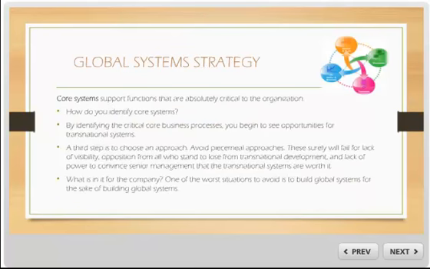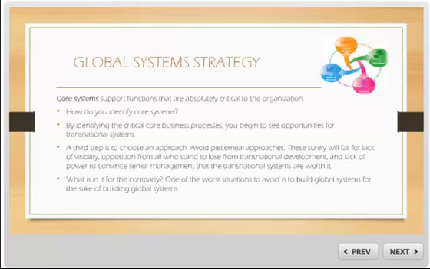Global system strategy. Core system support functions that are absolutely critical to the organization. The company needs to take into account the next things. 1. How do you identify core systems? 2. By identifying the critical core business processes, you begin to see opportunities for transnational systems. 3.